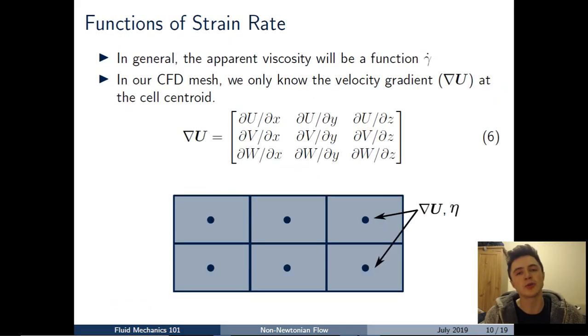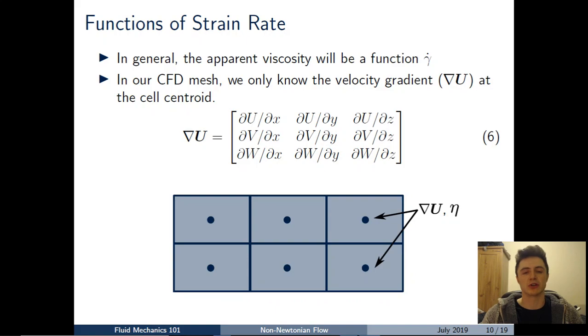So how do we get the strain rate in our mesh? Because now for our CFD code, the apparent viscosity is going to be different in all the cells in the mesh, and it's going to vary depending on the local value of the strain rate gamma dot. And you may have noticed at this point that the apparent viscosity eta is a scalar value, and therefore the strain rate also needs to be a scalar value.